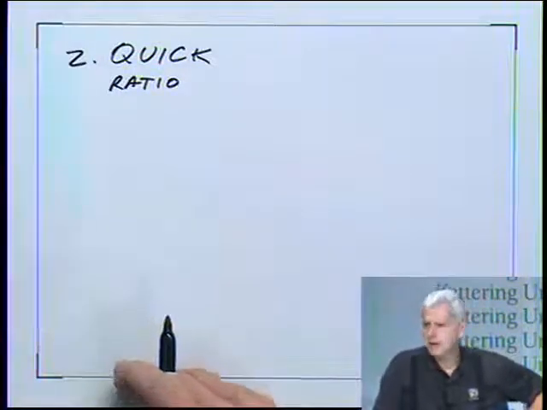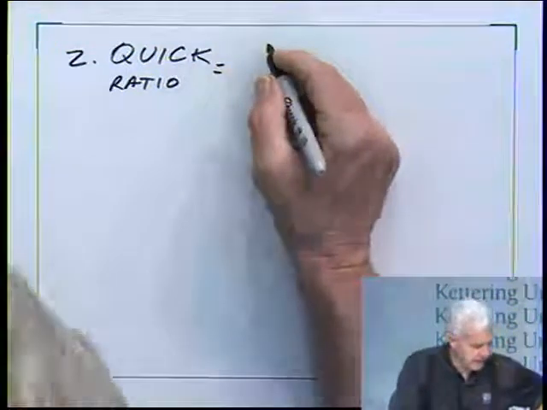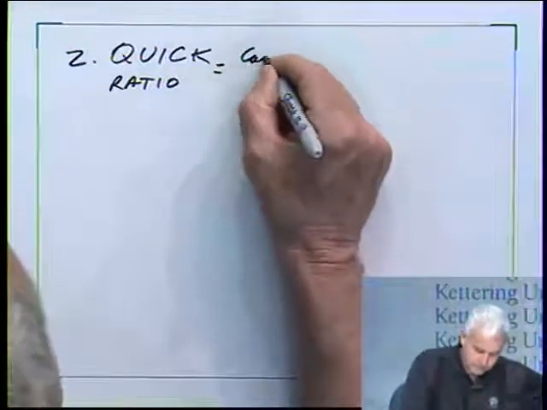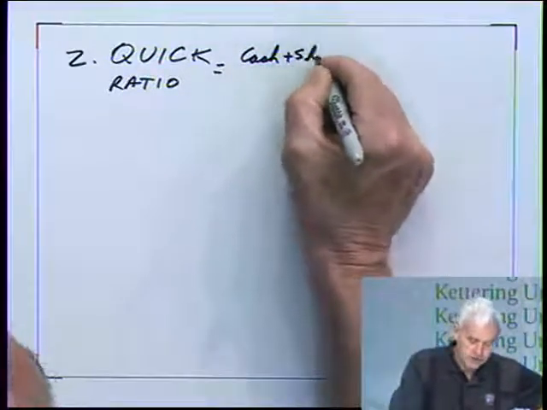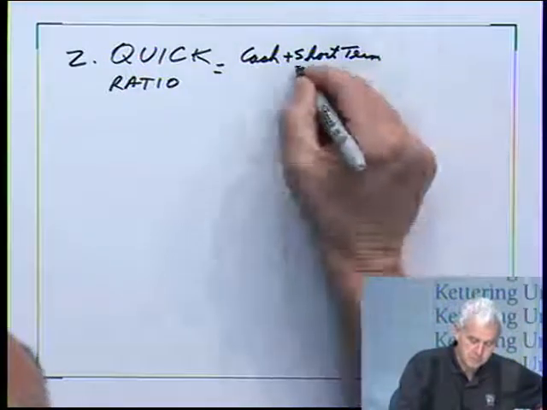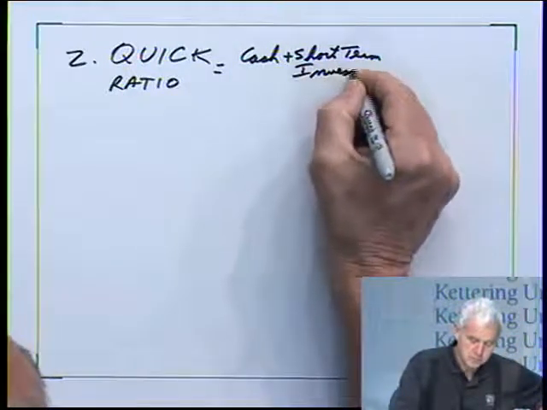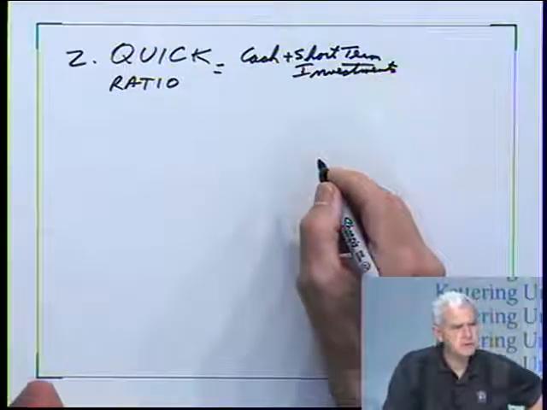What do you mean by quick assets? The answer is it's the cash, the short-term investments, and receivables, net receivables, all over the current liabilities. Maybe I didn't have you highlight short-term investments, did I?